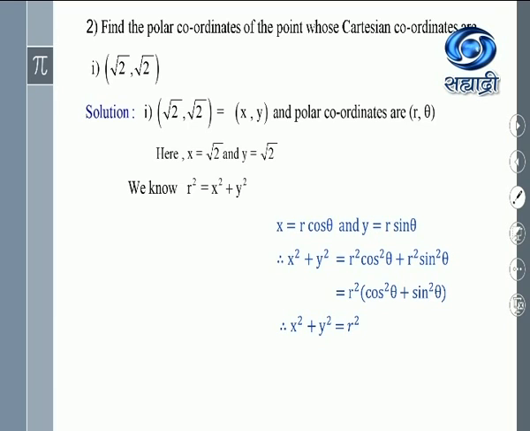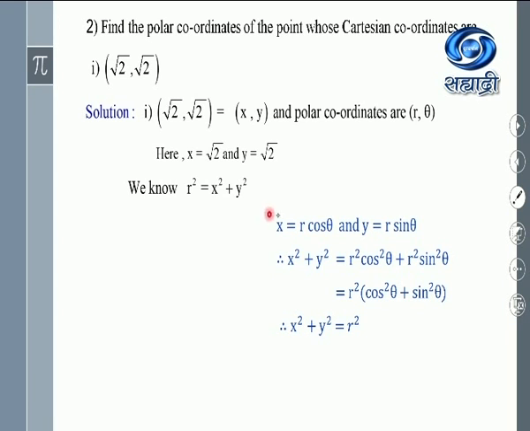Square both the equations, we have x square plus y square is equal to r square cos square theta plus r square sin square theta. Take r square common from both the terms, then r square times the bracketed quantity cos square theta plus sin square theta, and this is 1 into r square. So thus we got x square plus y square equal to r square.